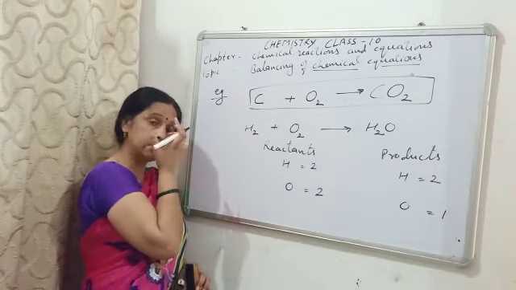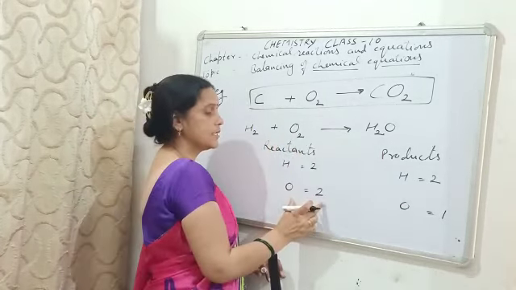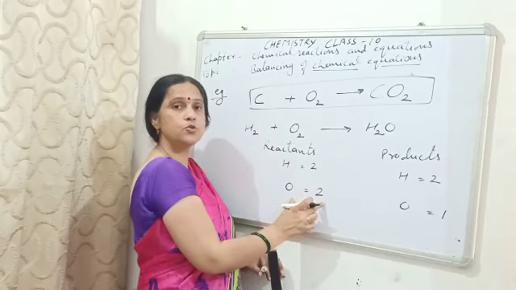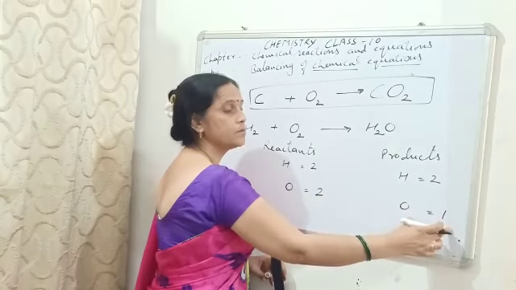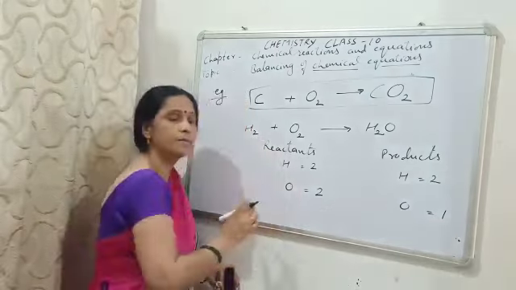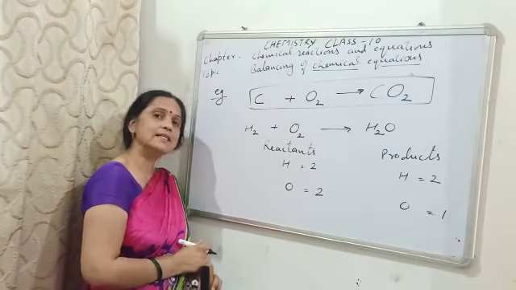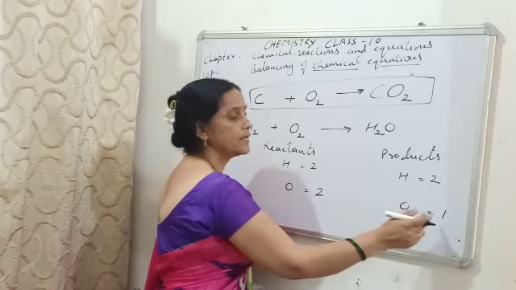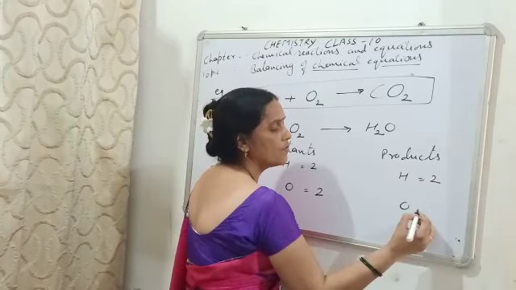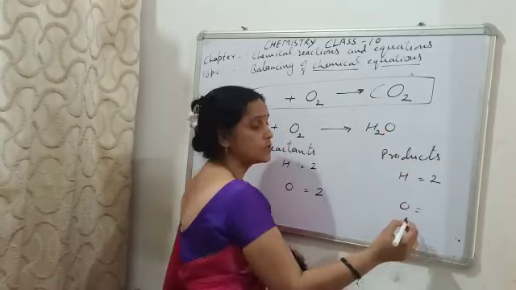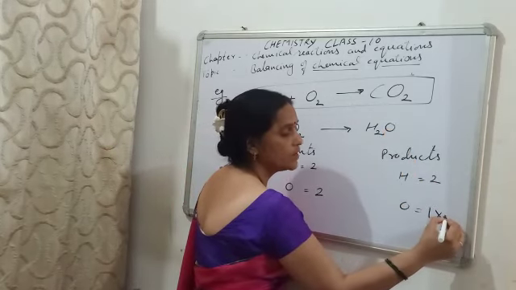But in case of oxygen, on the reactant side the number of atoms of oxygen is 2 and on the product side the number of atoms of oxygen is 1. These are unbalanced. We should balance it. To balance it, we have to multiply the number of atoms of product side oxygen with 2.